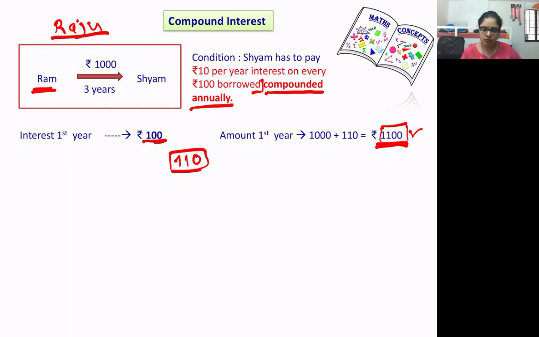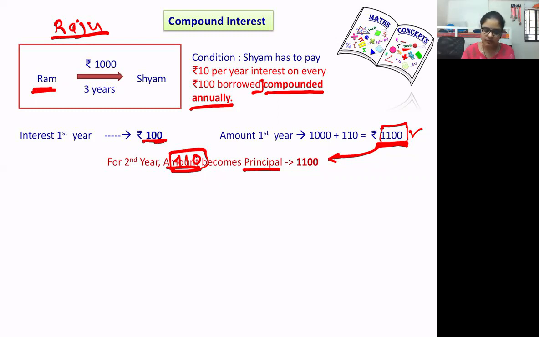Okay, so what does he say? Now you have to consider the principal as 1100 and not as 1000. So for the second year, the amount becomes the principal. Now you have to calculate the interest on 1100 instead of 1000 rupees for the second year.